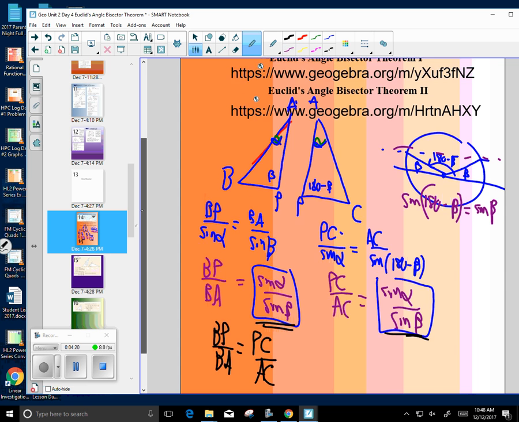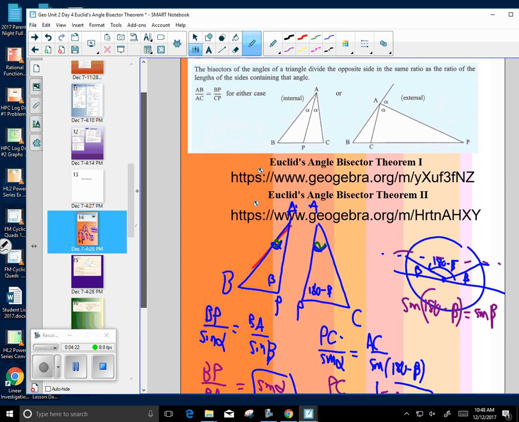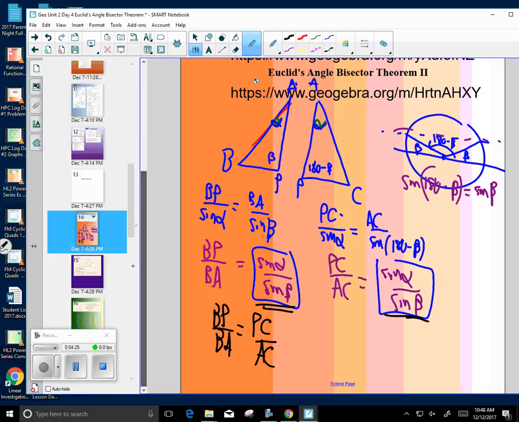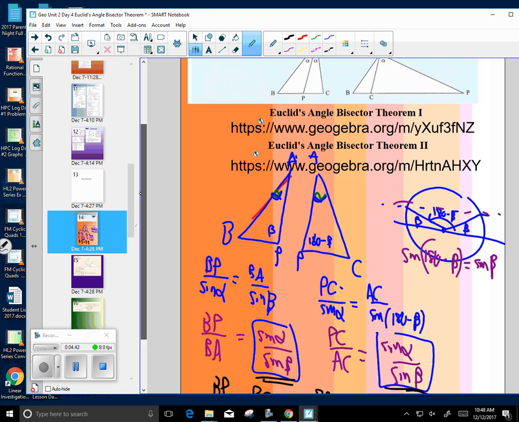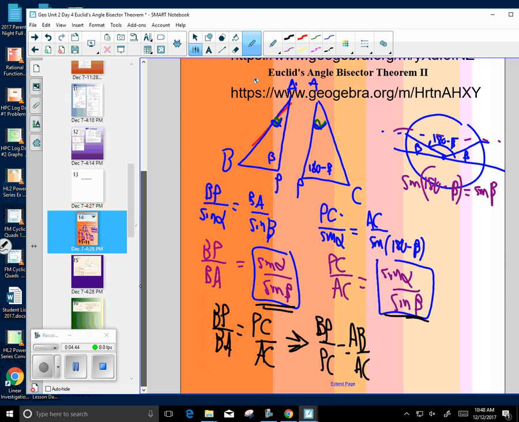Now I want to look here. I have AB over AC. Okay, so they switched these. So they had AB over AC equals BP over PC. And yep, that's what we wanted.